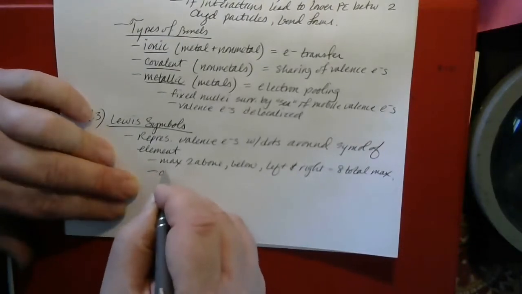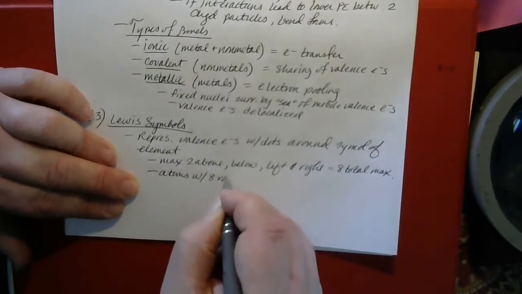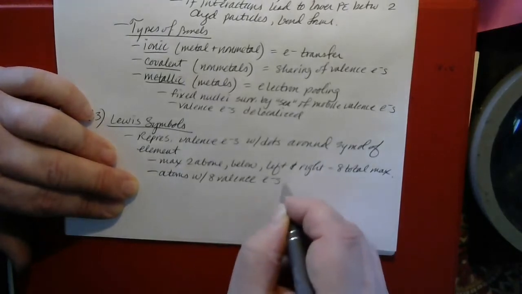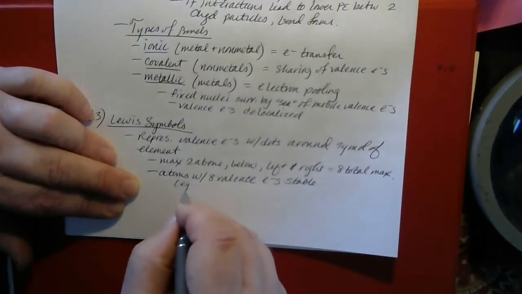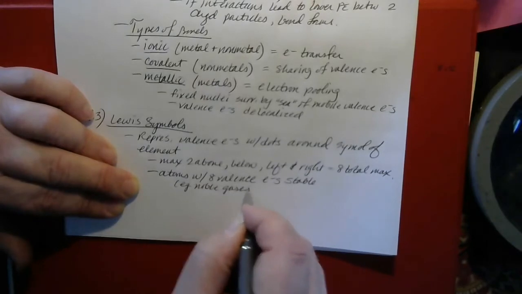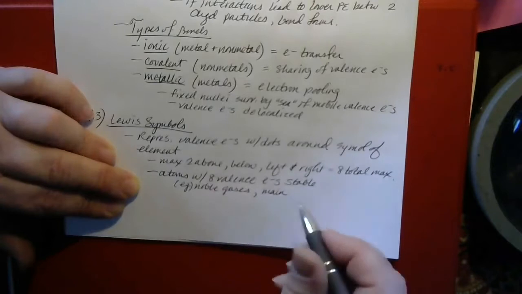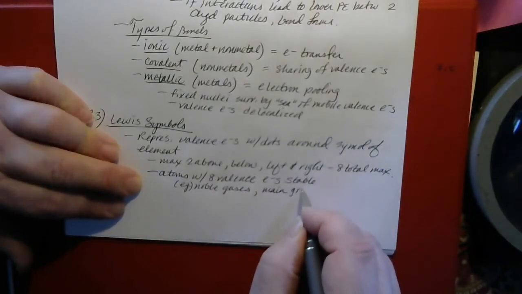So this is because atoms with 8 valence electrons are stable. And examples of those would be noble gases or main group element ions.